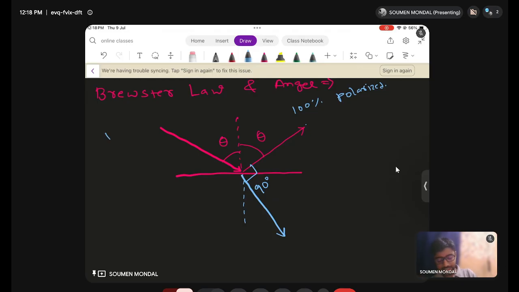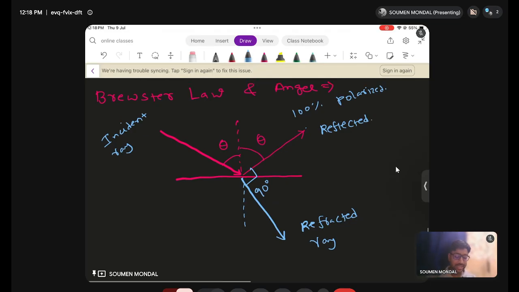So this is the incident ray, and this is the refracted ray, and this is the reflected ray. We are studying basically polarization by reflection.